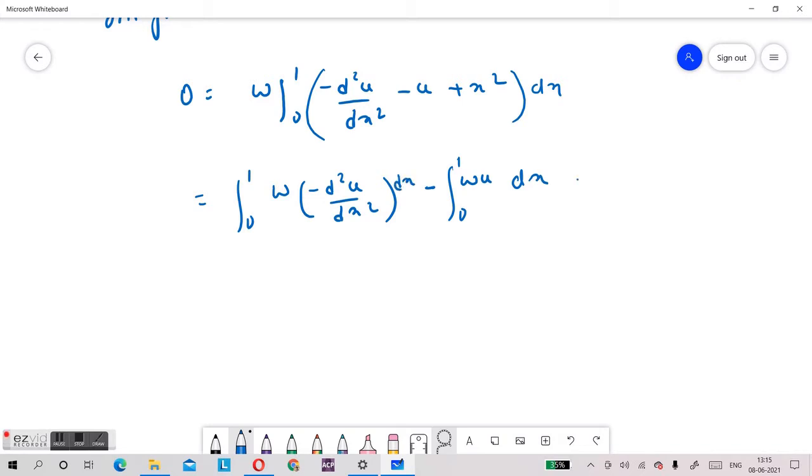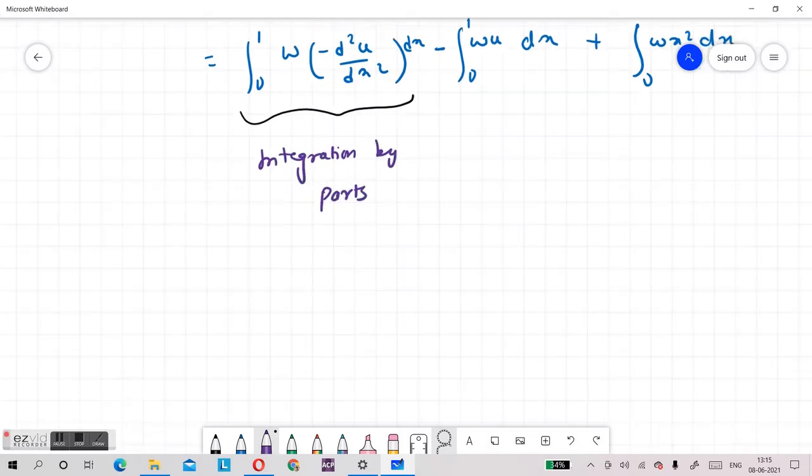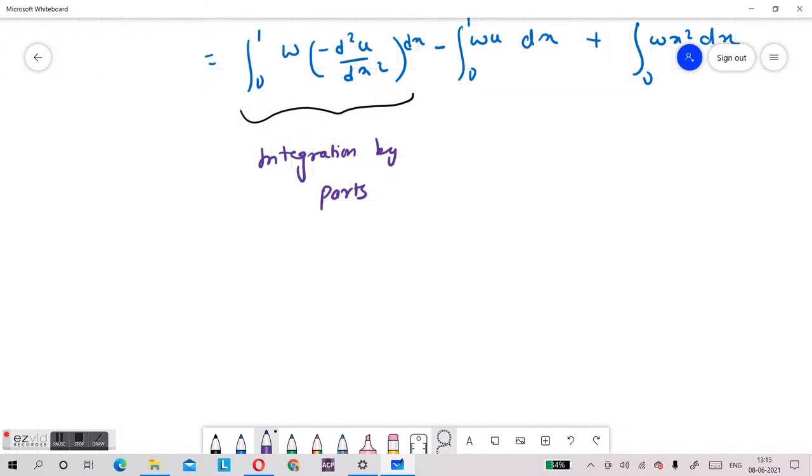What we are going to use is integration by parts. I have already solved it in previous lectures, so you can go and check there. It's in the second video. So integration by parts.